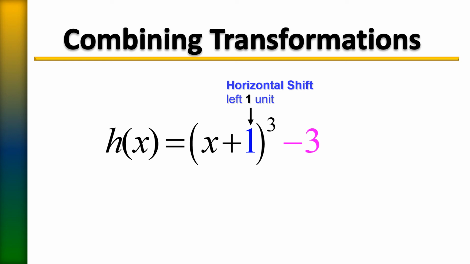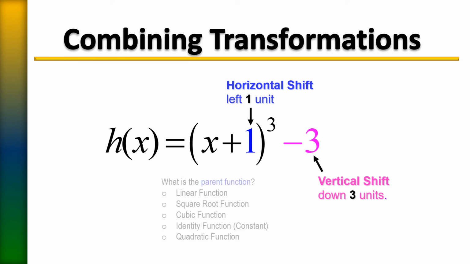You got it. If you said that was a vertical shift down 3 units, then you are correct. And by the way, what is the parent function here? If you said cubic function, you are correct. When we take away all the transformations, we are left with h of x equals x cubed.